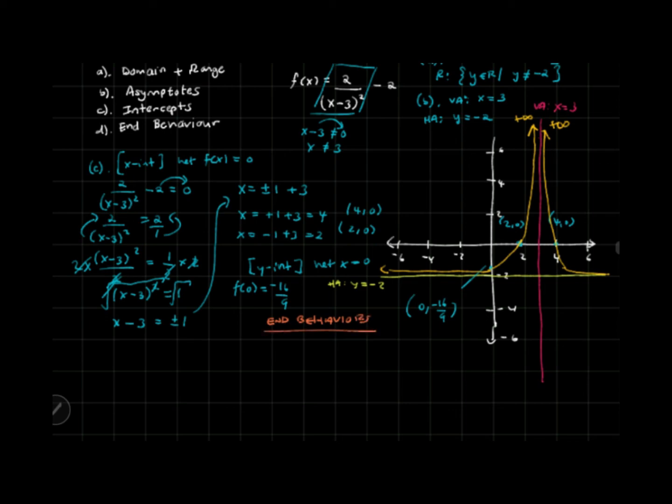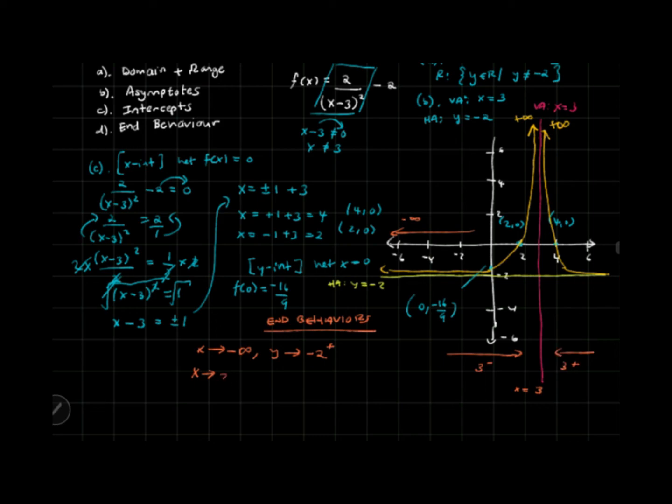Right, so if we're looking at end behaviors, first I'm going to assess x approaching negative infinity. So I'm going to the far left of my Cartesian plane. You can notice here that y is approaching the horizontal asymptote, and it's approaching it from up top. As x approaches the vertical asymptote, let's say the vertical asymptote here is 3, this is 3 from the left side, this is 3 from the right side.